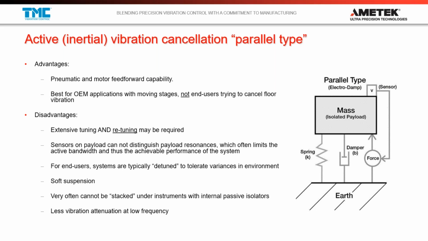And this is a constant balancing act. That makes parallel type systems notoriously difficult to get very good performance from, especially at low frequencies, because your passive component is almost always going to have some low frequency component.